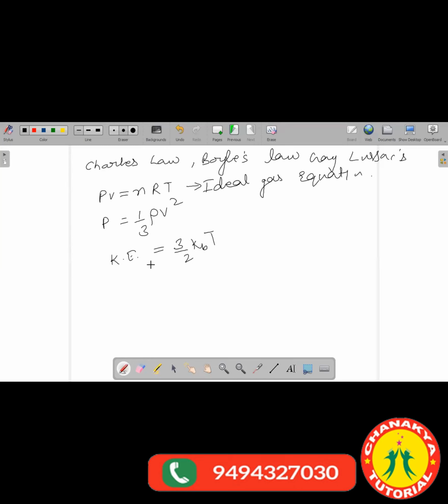Basically, that question is from the chapter of dimensions, chapter 1. It has been asked in IIT-JEE long back. The question is, you are given the real gas equation as P plus A by V squared, multiplied by V minus B, is equal to RT.